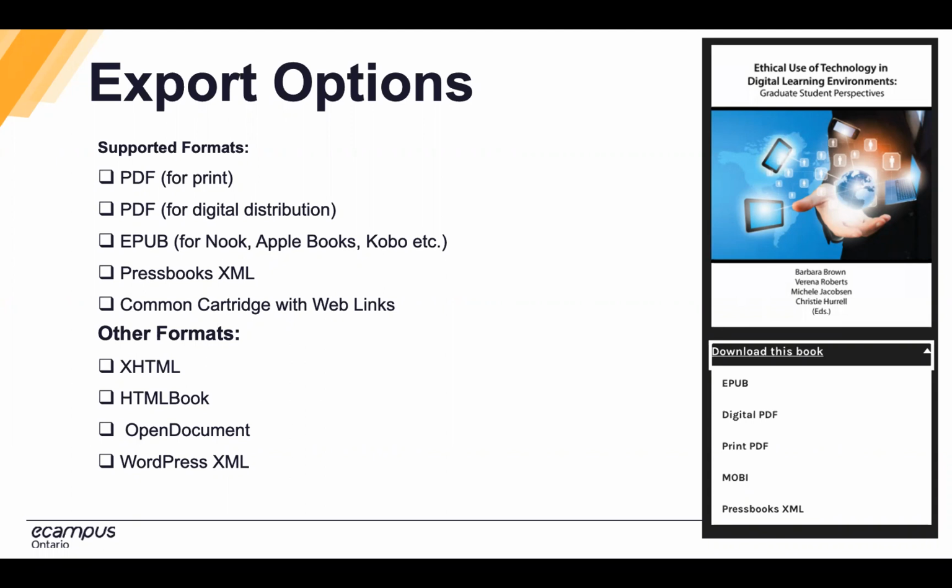Some of the supported formats are PDF for both print and digital distribution, EPUBs (I've exported plenty of books to EPUB for my own Kobo), Pressbooks XML and Common Cartridge with web links, and a variety of other formats that you can see there.